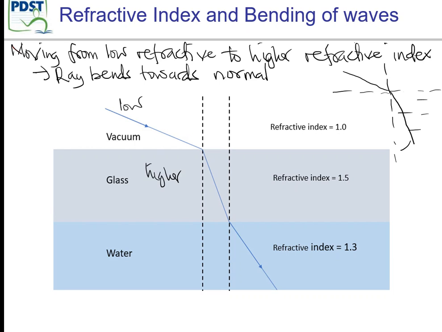So this is bending towards the normal. Moving from lower refractive index to higher refractive index, the ray bends towards the normal. You can see that here, vacuum has low refractive index and glass has higher refractive index, and the ray is bending towards the normal.